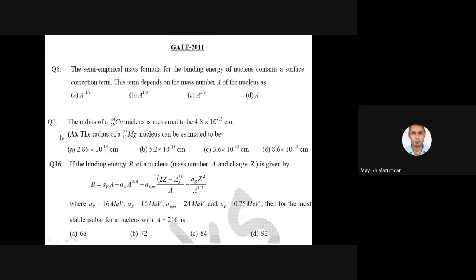The semi-empirical mass formula for binding energy of a nucleus contains a surface correction term. Very true. Now they have asked that this term depends on the mass number of the nucleus. Like how much? A to the power what? Which one is the surface term, Ayush? Which term accounts for the surface energy term?